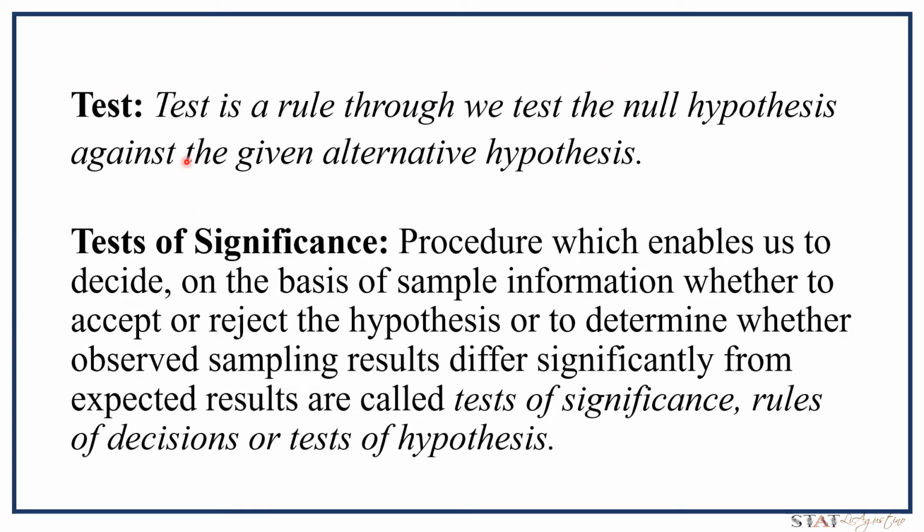A test is a rule through which we test the null hypothesis against the given alternative hypothesis. The test of significance is the procedure which enables us to decide, on the basis of sample information, whether to accept or reject the hypothesis, or to determine whether observed sampling results differ significantly from expected results. These are called tests of significance, rules of decision, or tests of hypothesis.